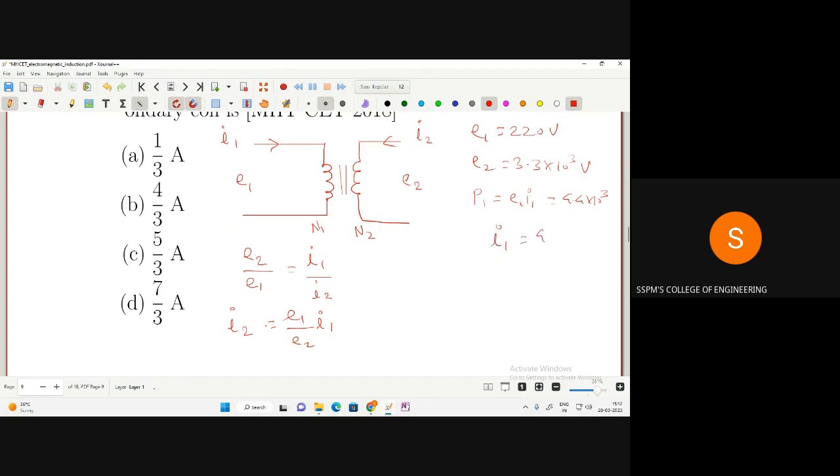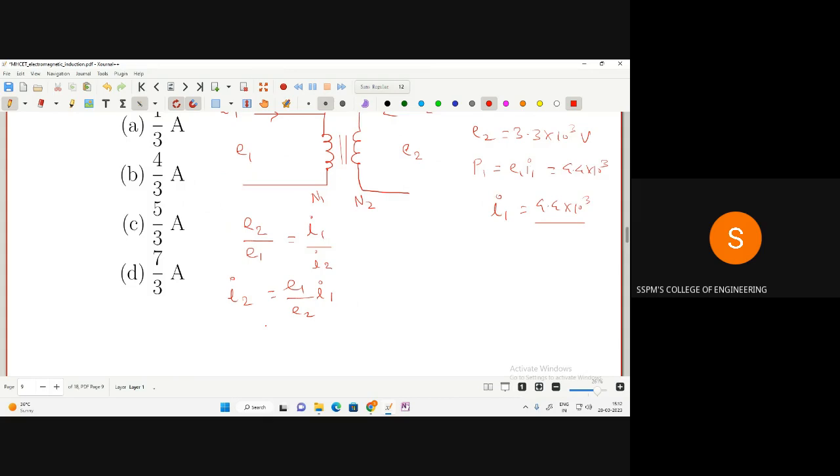I1 is 4.4 into 10 to the power 3 divided by E1, where E1 is 220 volt. So substitute here: E1 is 220 volt. E2 is 3.3 into 10 to the power 3, into I1. See what I1 is: 4.4 into 10 to the power 3 divided by 220.